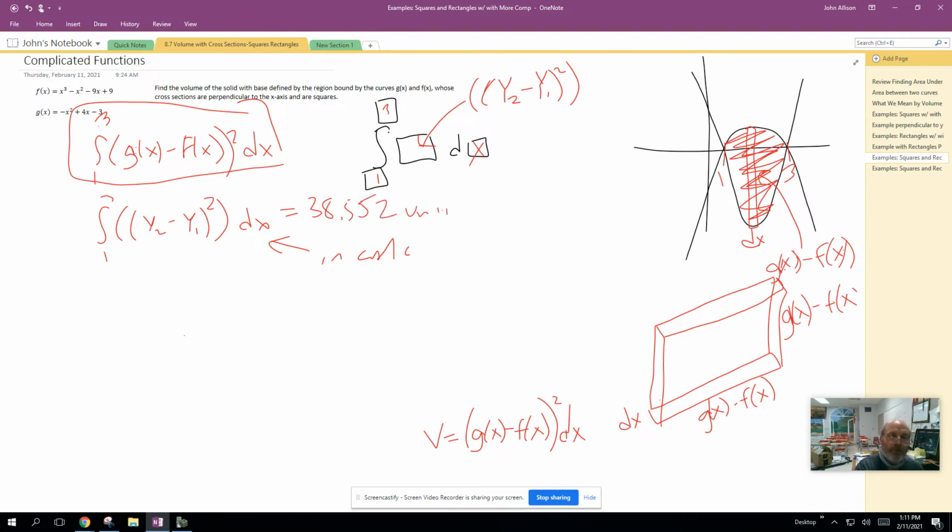And whatever your units are, if you're doing this on free response, they would be cubed. And that's how we do difference when we have a region bounded by two curves and a square cross section.